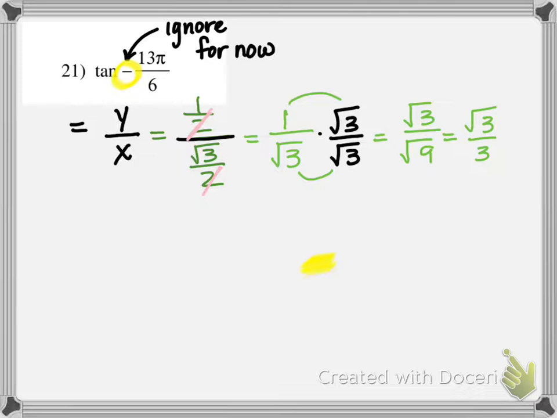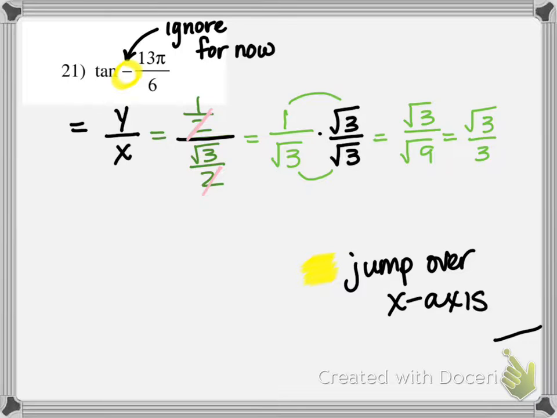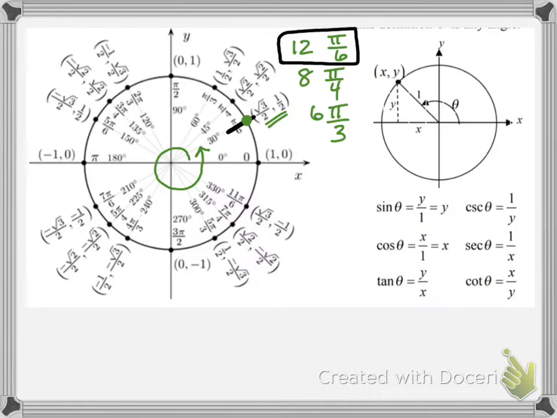So I'm highlighting here, and that means jump over x-axis. So what you're going to do with me is go back to your unit circle and visualize this. I am so sorry. So here's your dot. I need you to jump over the x-axis, okay?